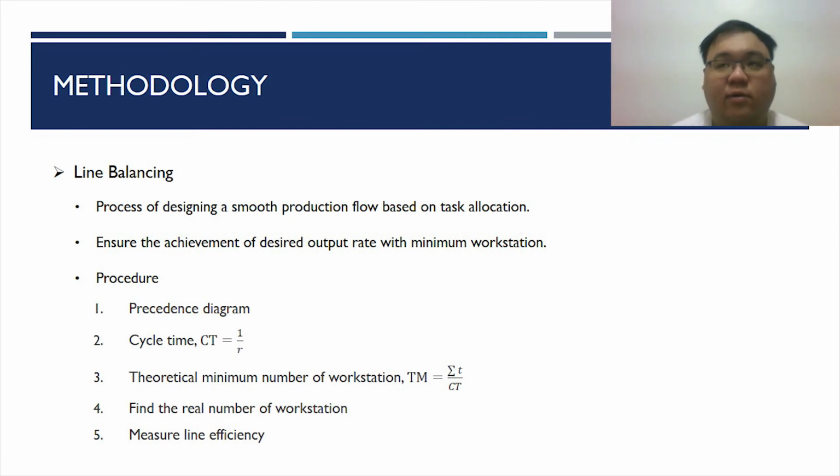Next, we need to calculate the theoretical minimum number of workstations, which is given by the formula Tm is equal to the total assembly time over the cycle time. Next, from the precedence diagram, we need to find out the real number of workstations and compare it with the theoretical minimum number of workstations, so that we are able to measure the line efficiency of the line balancing.